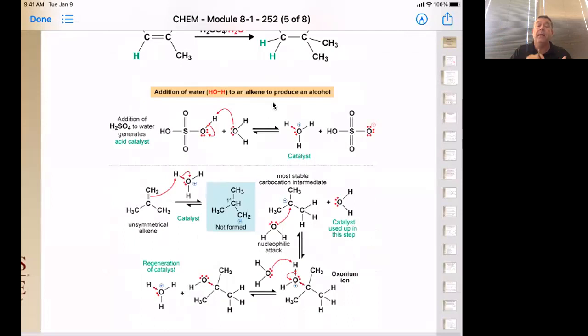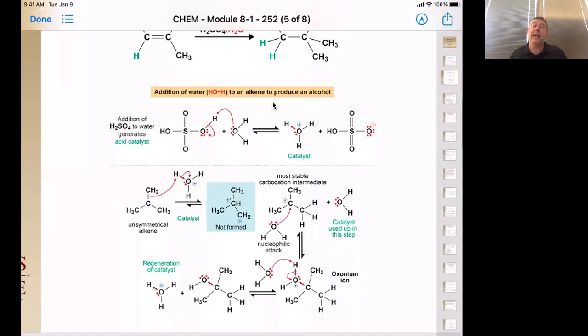Okay, so because it's adding the hydrogen to the double bond first, it's going to form a carbocation, and it's only going to form the more stable tertiary carbocation, which means the next step is the water coming in as a weak nucleophile, has to come in the top or the bottom to share its electrons with that carbocation to make our new bond.